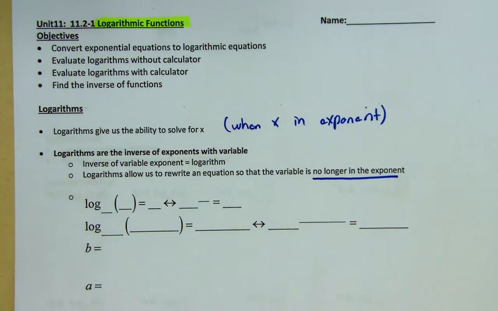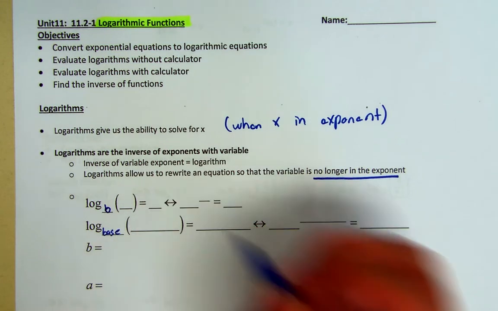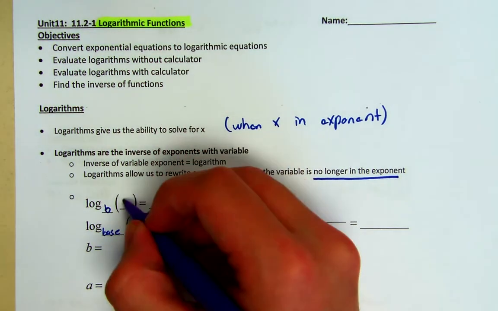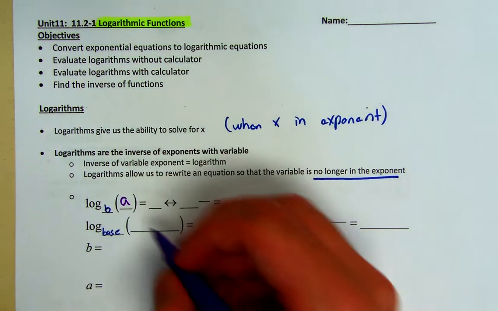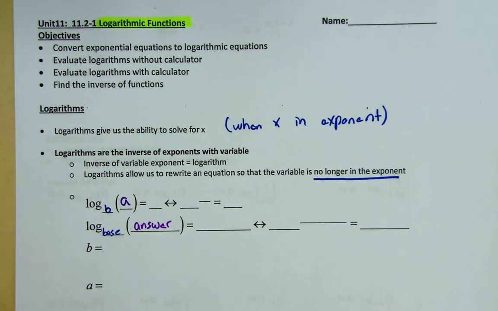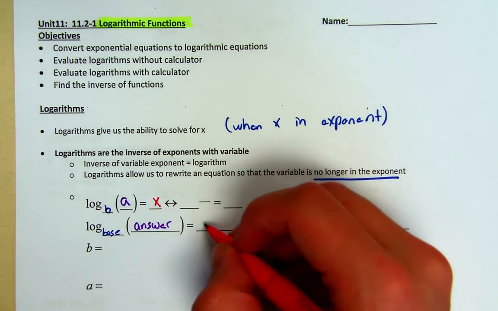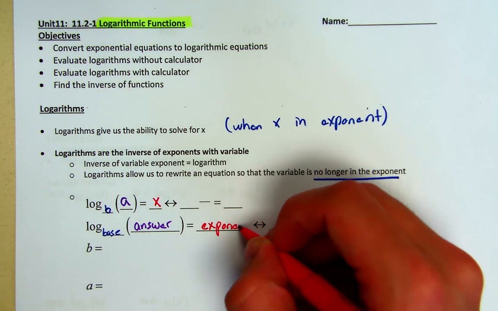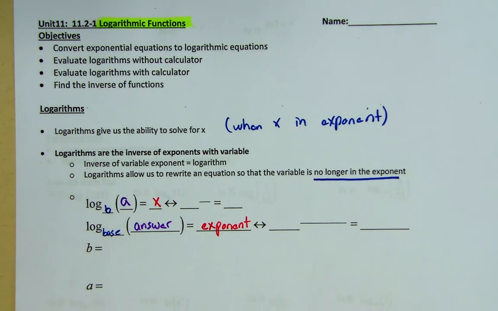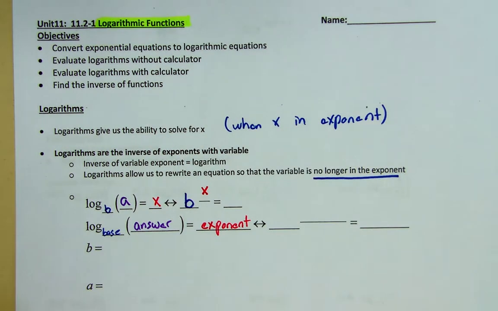So a log basically looks like log base b, so we call that the base, of some value, so I'm going to call that a, and that is our value that is going to be the answer, is equal to x. So it's equal to x, and think about x as the exponent. Well, how does this relate to going back to exponentials? Well, we can have our base b raised to the power x equal to our answer a.